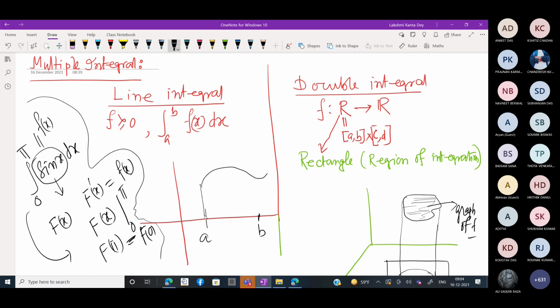So whatever the integration is, its implication is the area under the graph, above the x-axis and bounded by the ordinates x equal to a and x equal to b. Somehow we have to measure the area of this particular region.